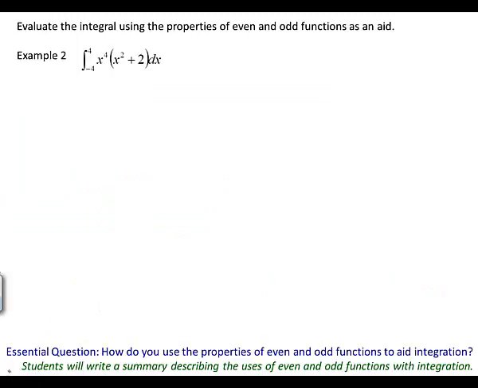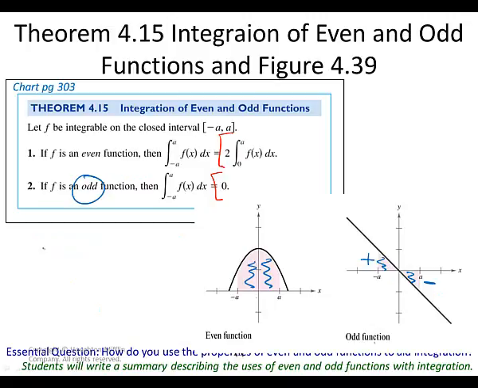Oh, I forgot to talk about even and odd. Really quick, your review on even and odd, because it's going to come up when you have a trig piece, okay? Most of them you're going to be able to tell by the exponent, right? An even number is an even, an odd number is an odd. But to tell if it's even or odd, you sub in a negative x, okay?